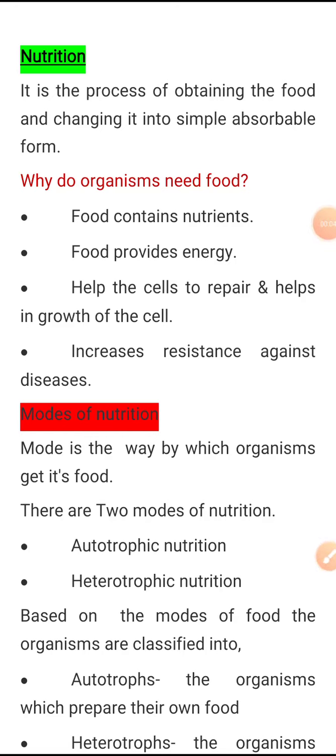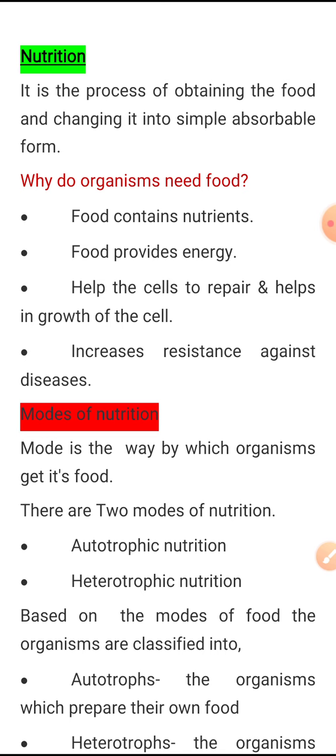Okay, good morning, students. In the last session of life processes, we discussed the different types of life processes briefly. Now I will discuss the first type of life process which we are going to study in detail in this lesson.